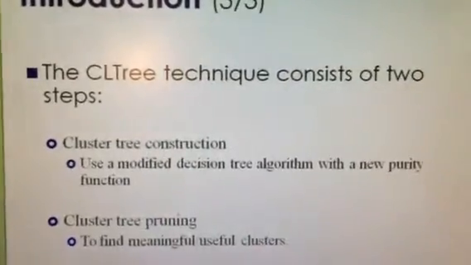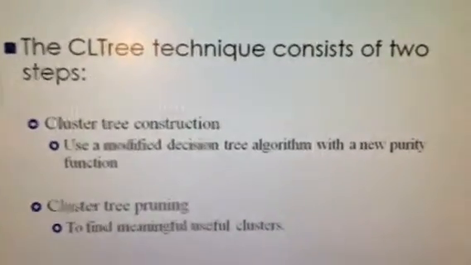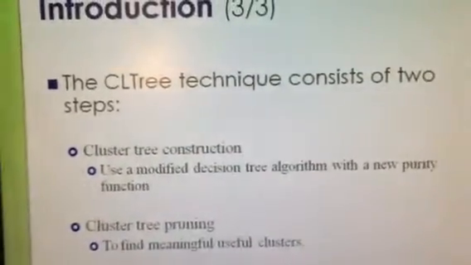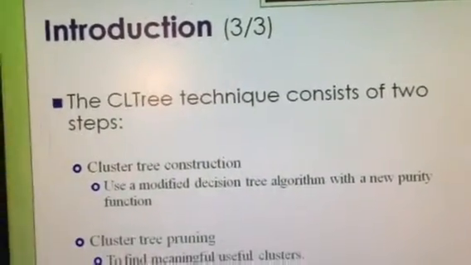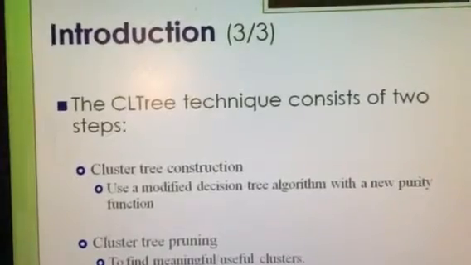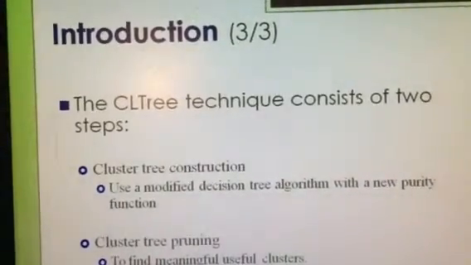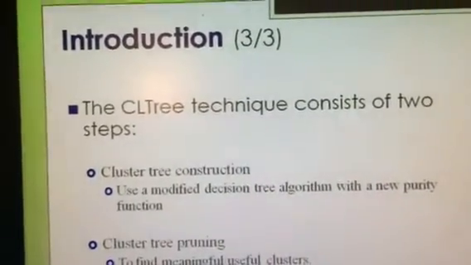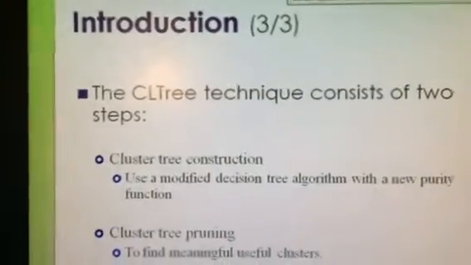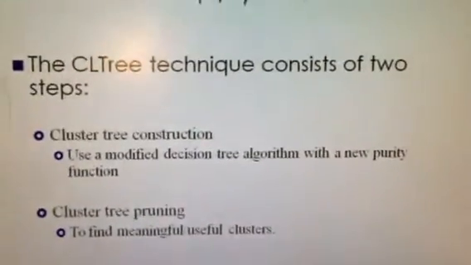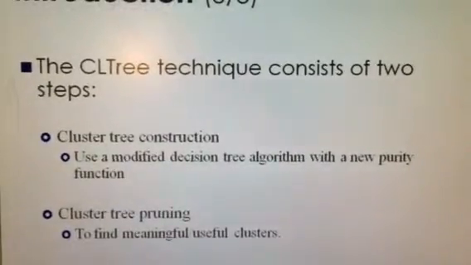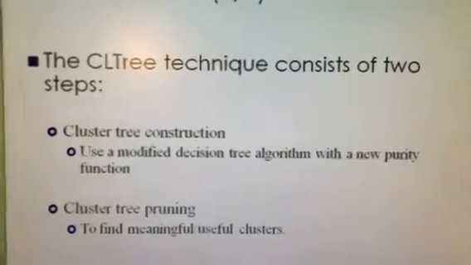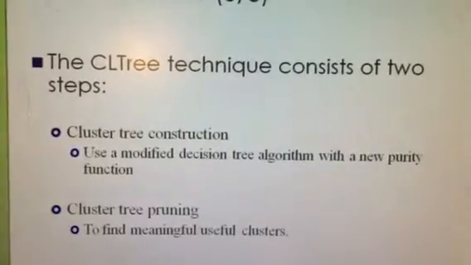The CL3 technique consists of 2 steps. The first step to be done is that cluster tree construction has to be formed, and for this you will use a modified decision tree algorithm with a new priority function, and also cluster tree pruning.